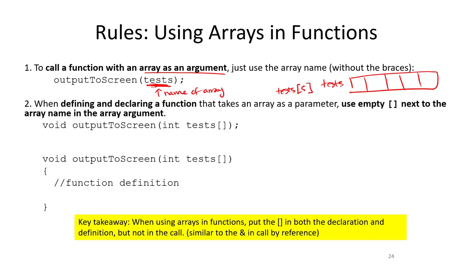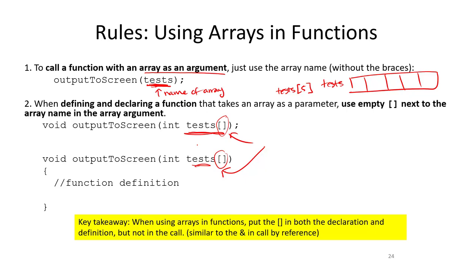Then when declaring and defining a function that takes an array as an argument, notice that we have to put empty brackets next to the array's name. This tells the function that tests will be an array argument.